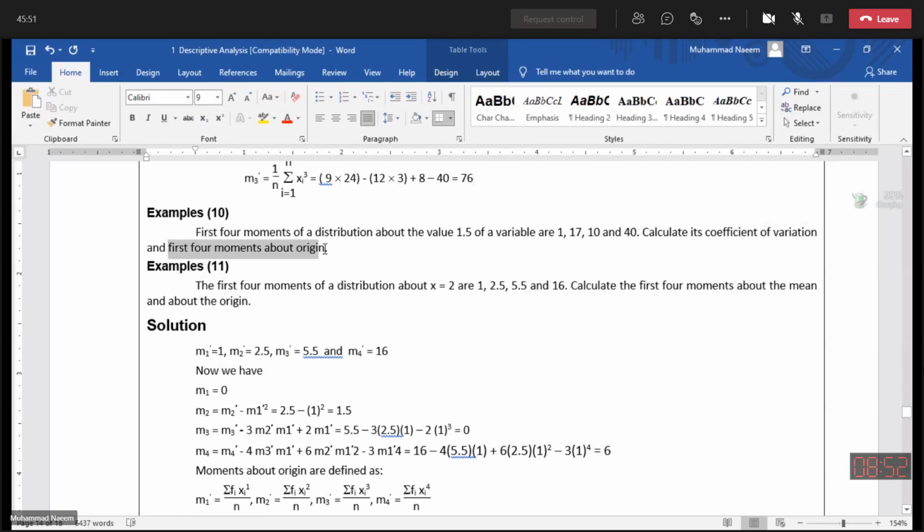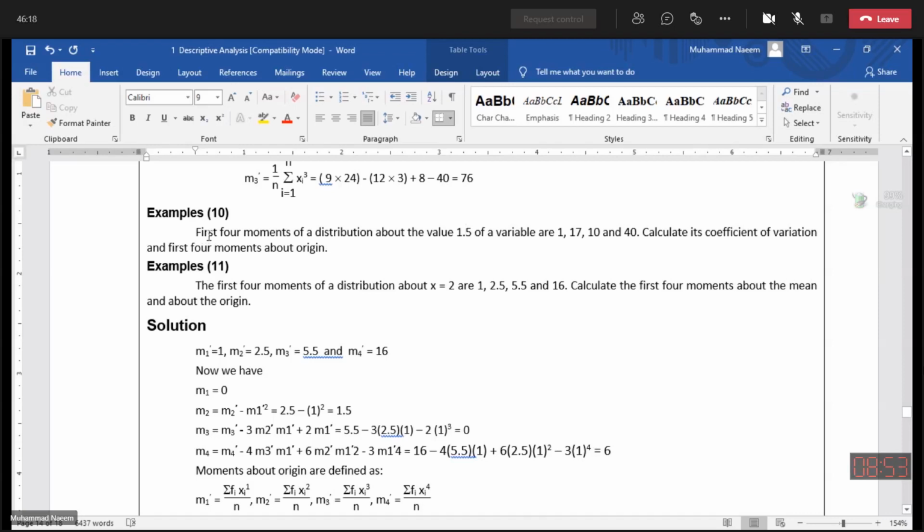How do we proceed? We will expand the powers of the deviation from 1.5. About the value 1.5 means the deviations are taken from 1.5 and different powers are used in the first four moments.